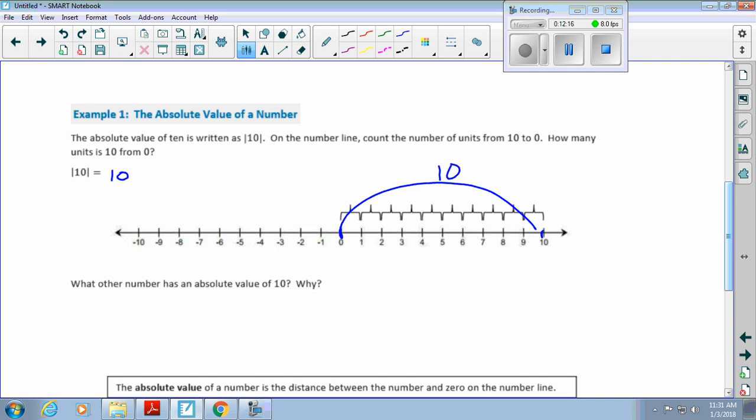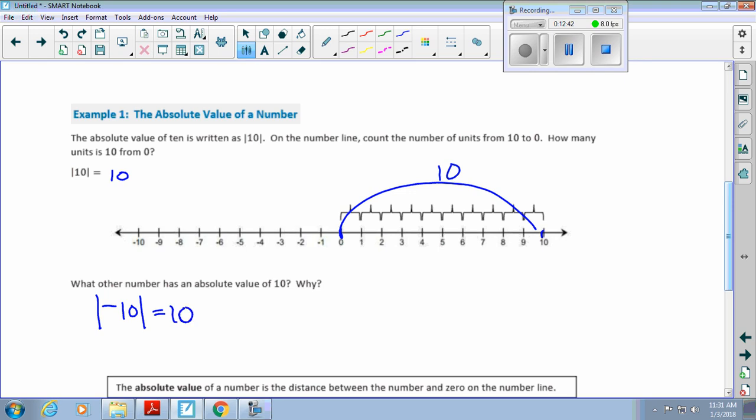All right, so here's a real trick question. What other number has an absolute value, or a distance from 0, of 10? What other number is 10 away from 0? -10. Very good. So we would say the absolute value of -10 equals, what was that again? 10.